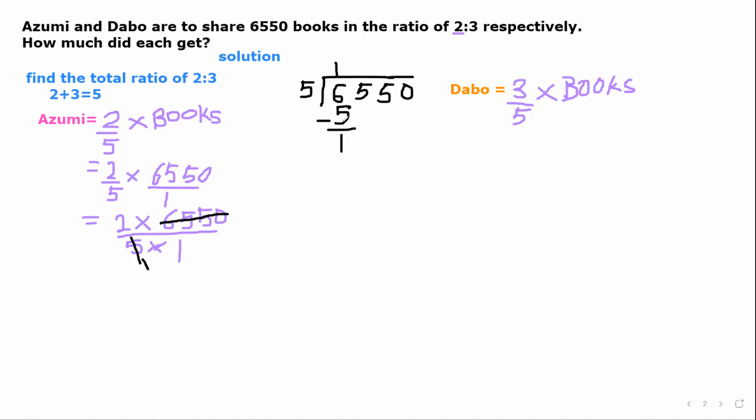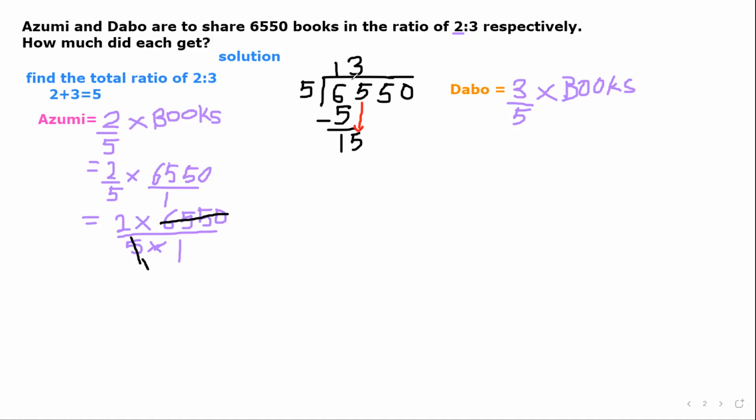So the next number that they will share is 5 here. So you drop that 5, but don't forget they have a remainder here. So when you attach the 5 to the remainder, it becomes 15. So 5 sharing 15 here is 3. Then to confirm, always confirm whether there will still be a remainder before you share the next number.